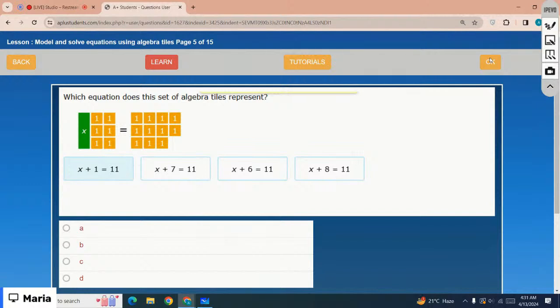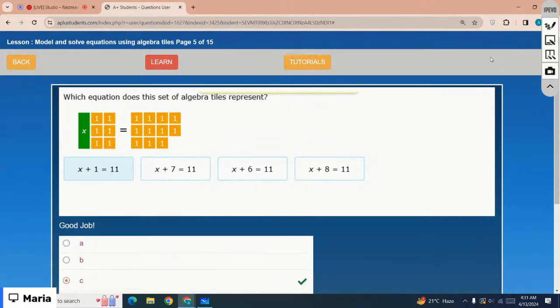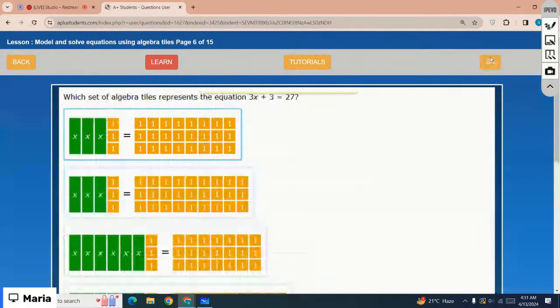Which equation does the set of algebra tile represent? X plus 6 equals 11. Option number C is the correct option, right? Which set of algebra tile represents the equation 3x plus 3 equals 27? So which is the correct option?